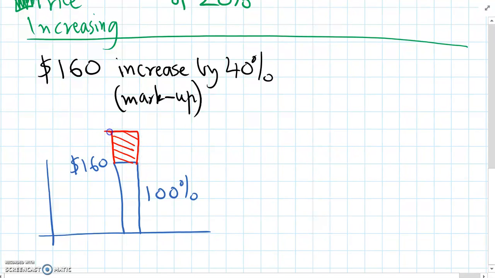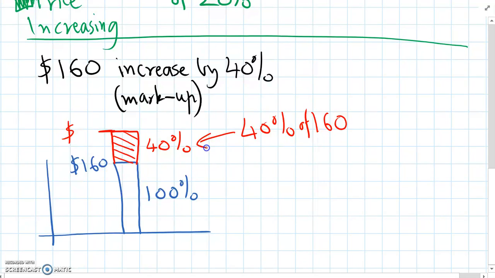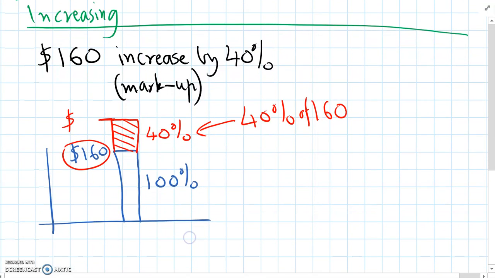So we know the total is going to be higher than it started. An extra 40%. So how do we work out the new total price? Well, we just need to work out what is 40% of 160. Because that's going to tell us how much we need to add on, and then we can add it to the original price that the shoes were. And that's the skill that we practiced in the last video.